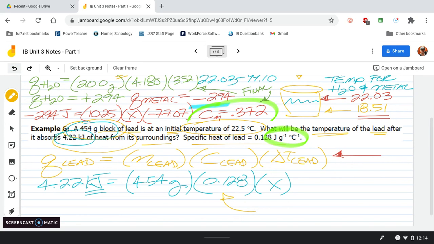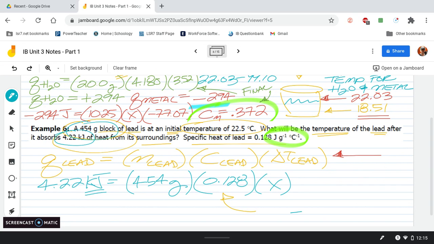All right, so what we're going to do is it's a lot easier to change this value here than to change that value there. So we're going to take our kilojoules and quickly convert them into joules. So you're going to take your 4.22 kilojoules and do a quick little conversion.